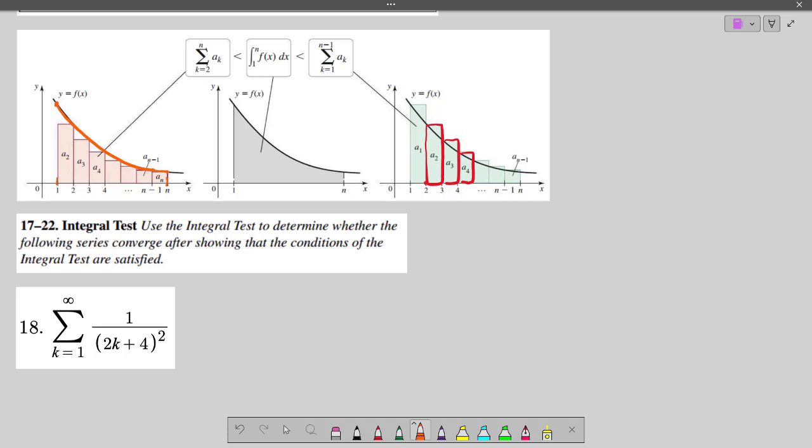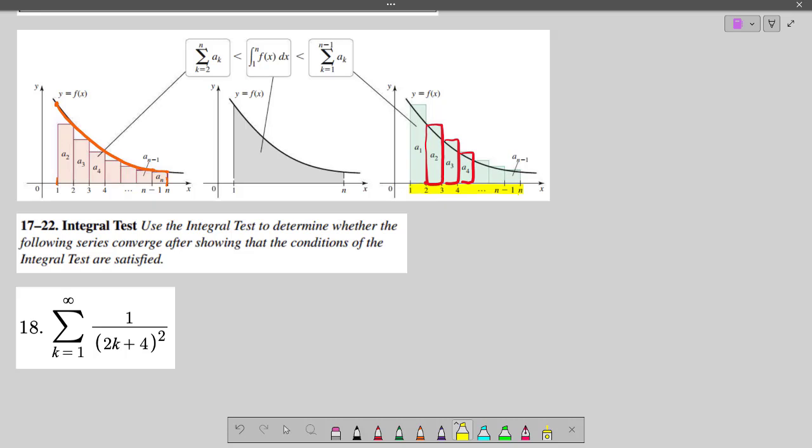Now if we look at this picture where we start at 1 instead of 2, the green rectangles go from 1 over to n, the same exact domain. The greens are an overestimate for the area beneath that curve. So the area under the curve is sandwiched in between those two things.